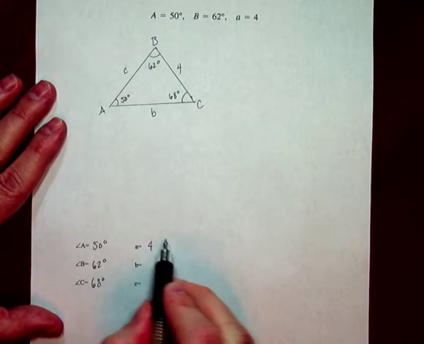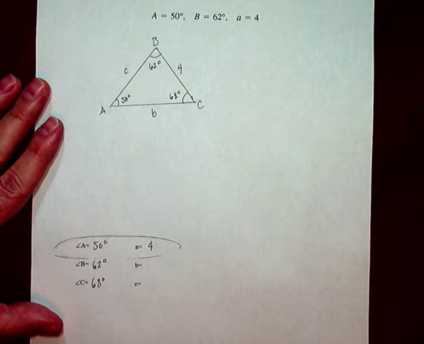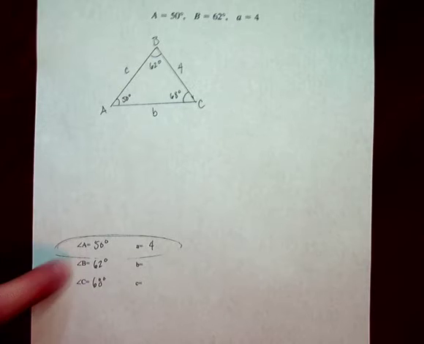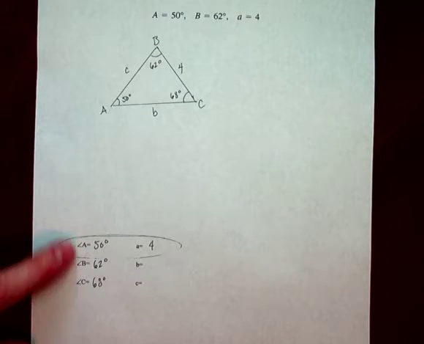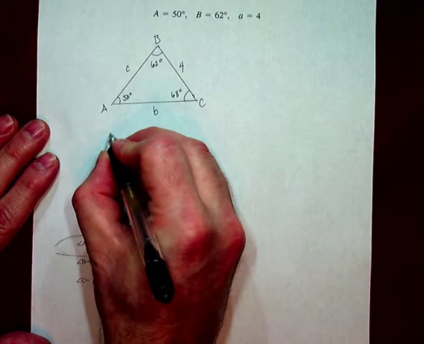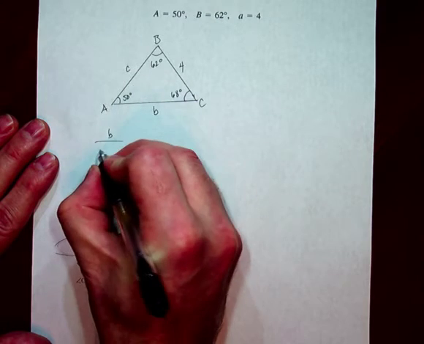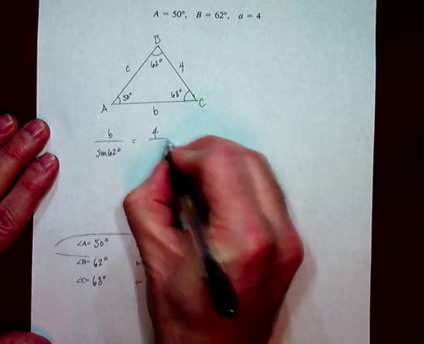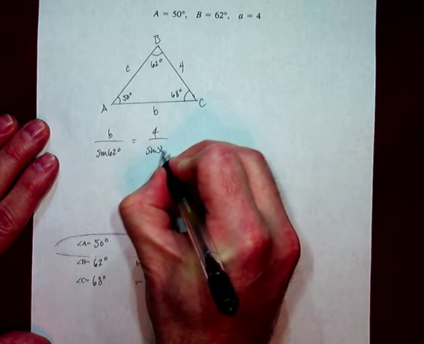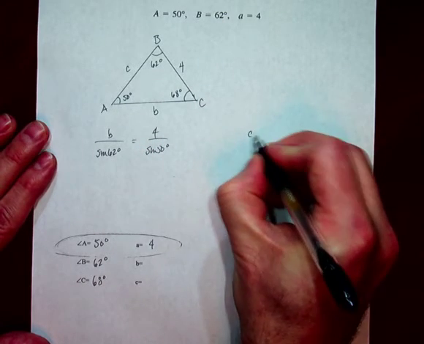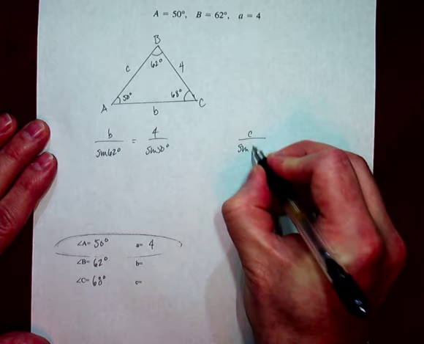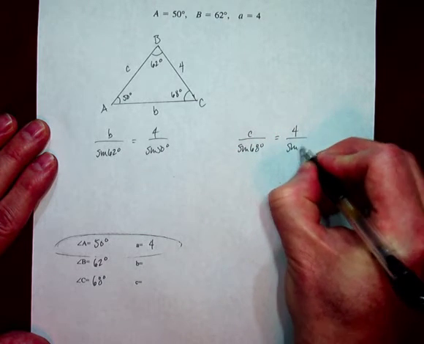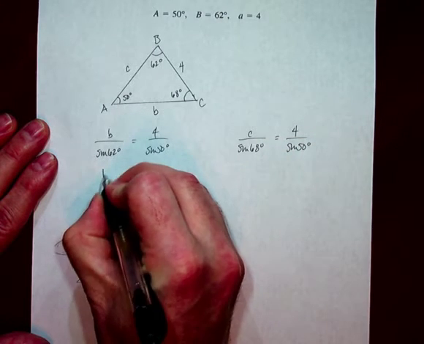Now here is my full ratio. I'm going to use this ratio and set up a proportion with it and B, and then set up a second proportion with it and C. And I'm going to get B over sine of 62 degrees is equal to 4 over sine of 50 degrees. And then I'm going to get C over sine of 68 degrees is equal to 4 over sine of 50 degrees.